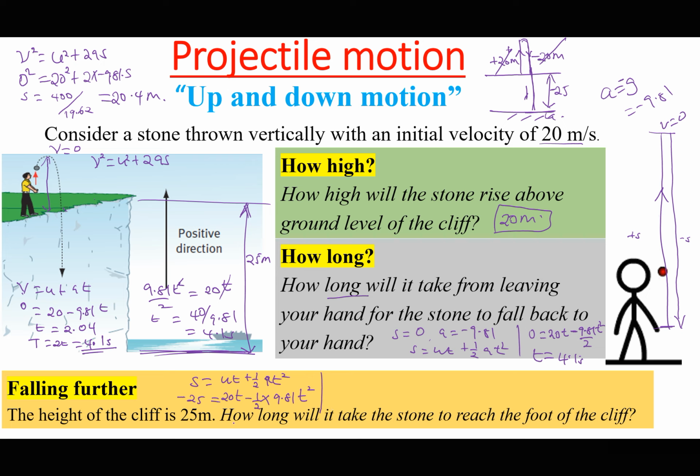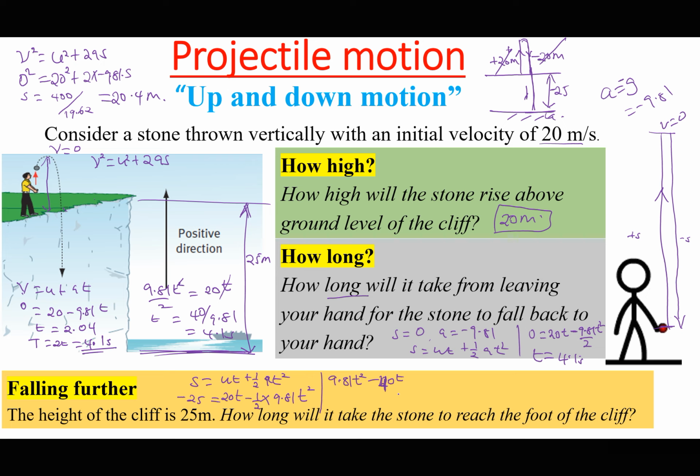So when I rearrange, multiply everything by 2, collecting like terms, I have 9.81 t squared. I've taken it onto the left-hand side. Then minus 20t, which becomes 40t after multiplying everything by 2.